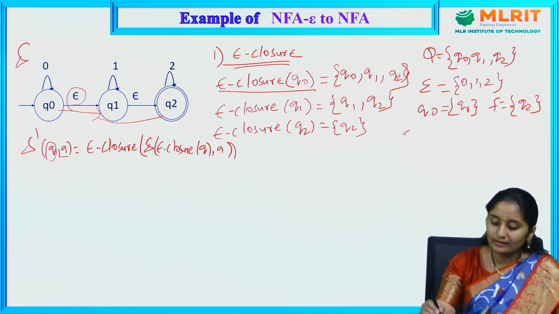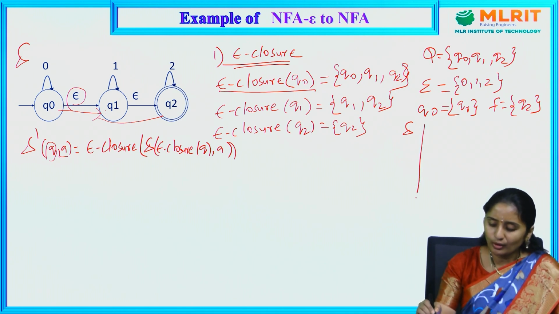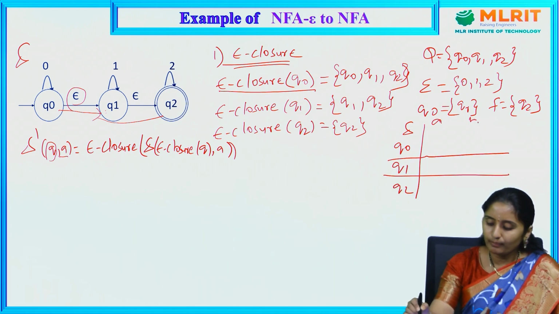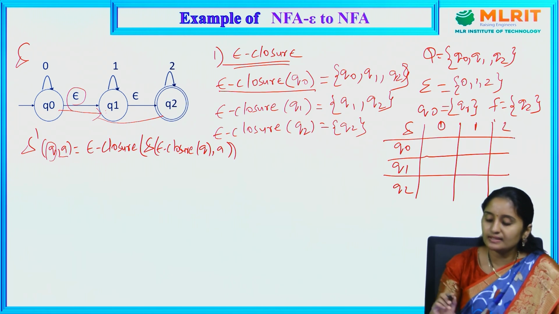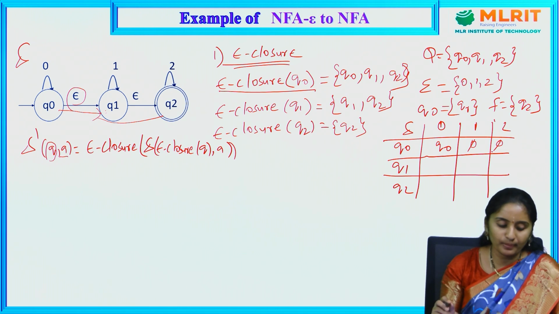And the transition functions are nothing but delta. In the delta, we are going to write the transition functions. The states I am having are Q0, Q1, Q2, with inputs 0, 1 and 2. Q0 on 0 goes to Q0, Q0 on 1 is phi, the empty set. Q0 on 2, there is no transition, so phi.